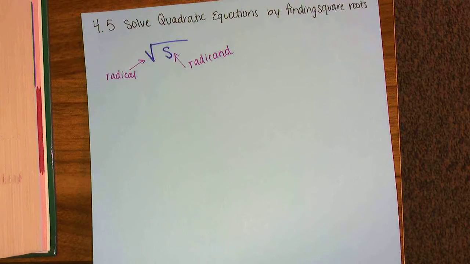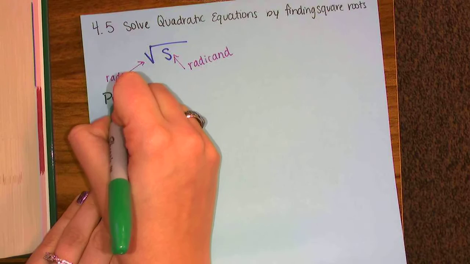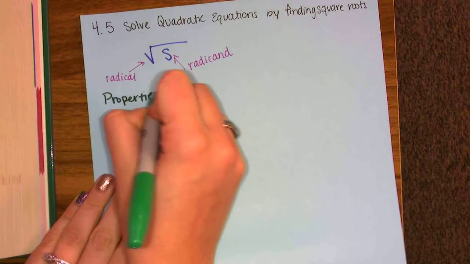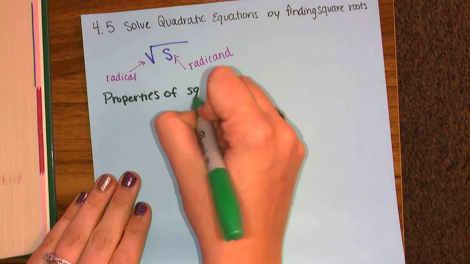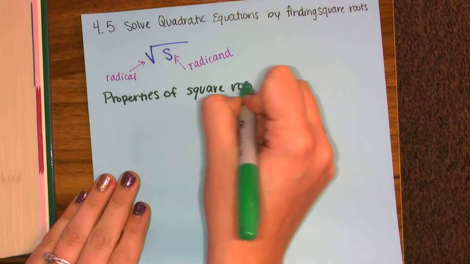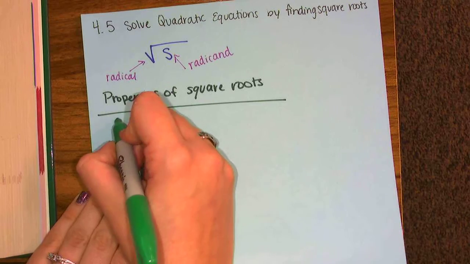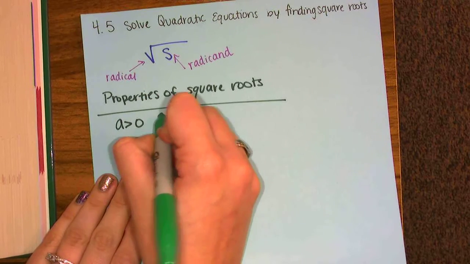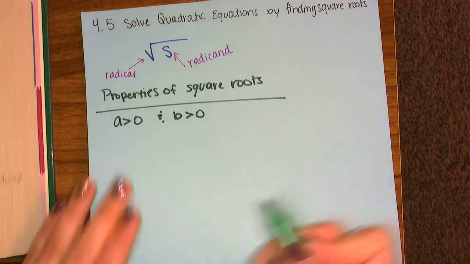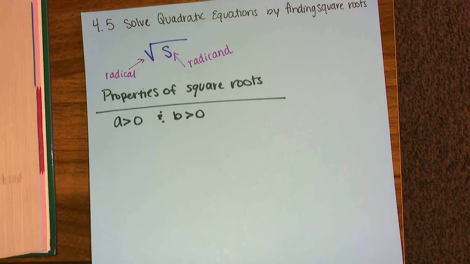All right, so we're going to look at some properties of square roots. Okay, and this is assuming a is greater than 0 and b is greater than 0. Okay, so under a square root, we cannot have a negative.